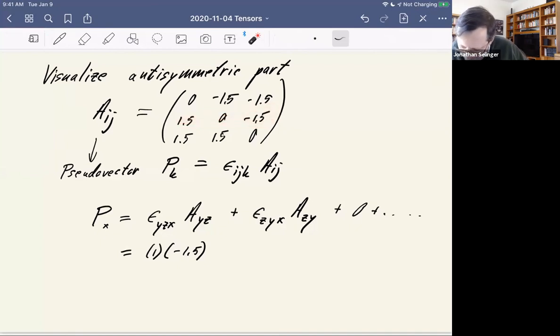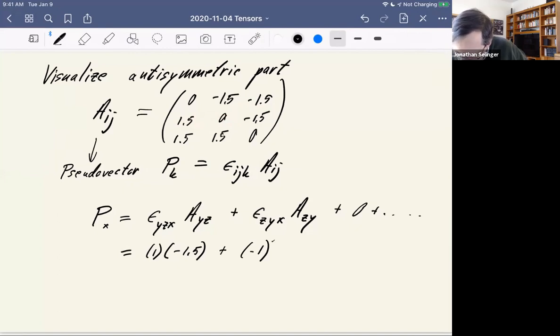Plus epsilon_zyx, that's negative 1, times A_zy, the row z, column y.